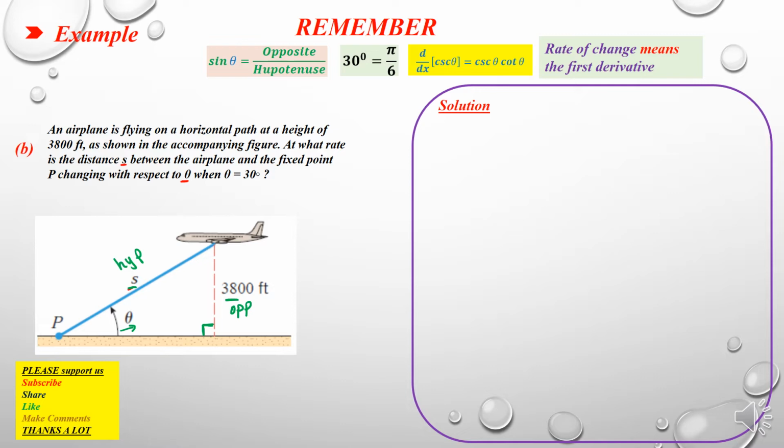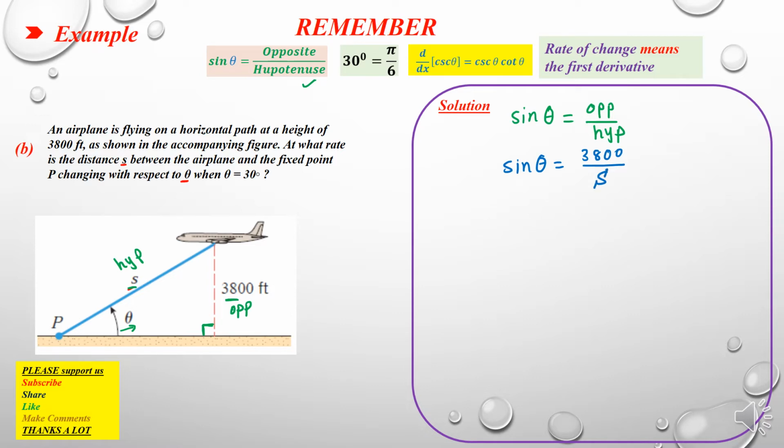So what is the suitable trigonometric function that relates opposite with hypotenuse? It is sine theta. So sine theta equals opposite over hypotenuse. So sine theta equals, the opposite here is 3,800 divided by the hypotenuse, which is s.